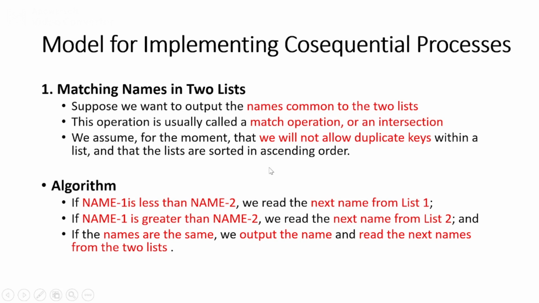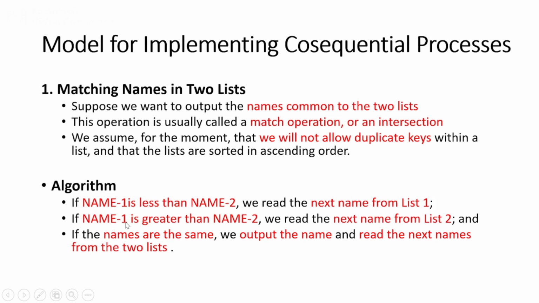So the algorithm is, if the name 1 is less than name 2. So name 1 is taken from list 1 and name 2 is taken from list 2. If name 1 is less than name 2, we read the next name from list 1 itself.